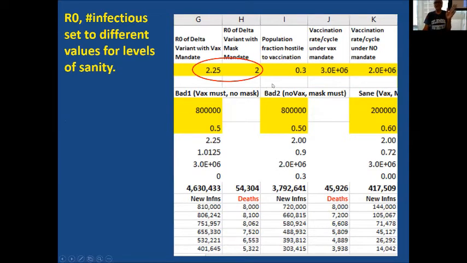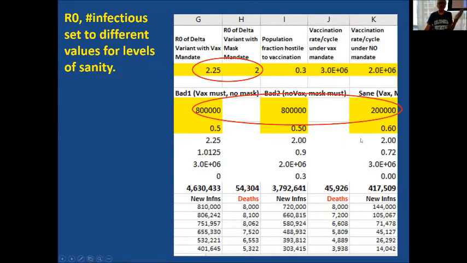So now I'm showing the right side of the spreadsheet. In these areas where there was some vax or mask mandate, I'm assuming R naught would be smaller, and that also would influence how many people are infectious at a moment, even at a starting point.